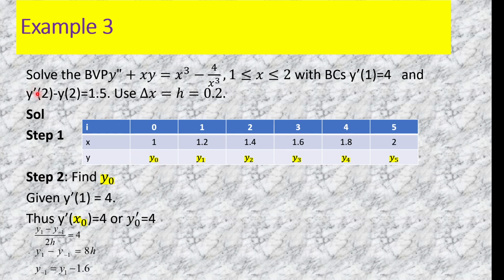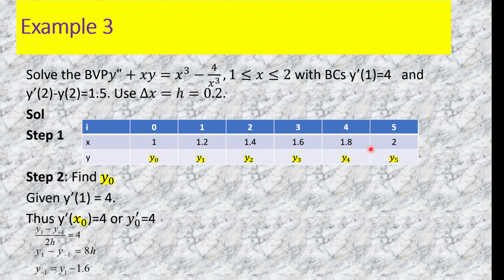Later on you see at another end point, which is x equal to 2, also you have a y prime 2. So if without this term you have only, let's say, y bracket 2 equal to 1.5, meaning y number 5 is 1.5. So that is the first type, which is a normal boundary condition.